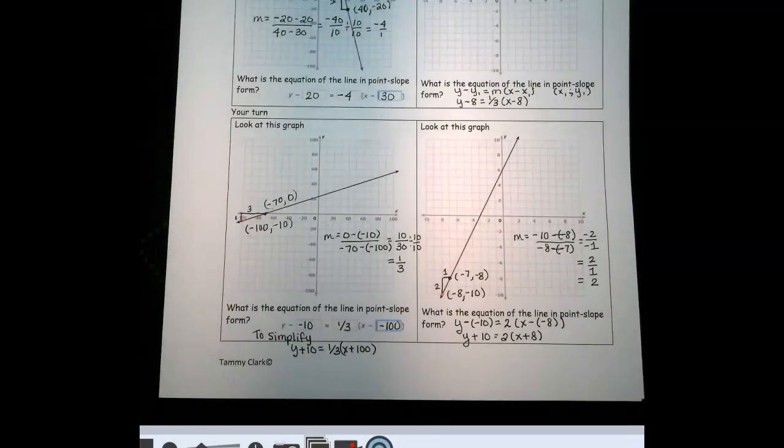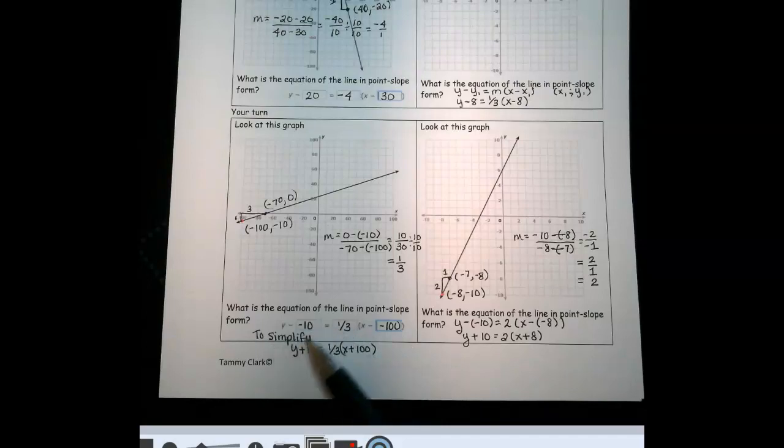All right, these are the answers. Now, notice when we have the little supports, we're not asked to simplify. We're just asked to fill in the terms that are necessary, which is the y of the ordered pair, the x of the ordered pair, and the slope.